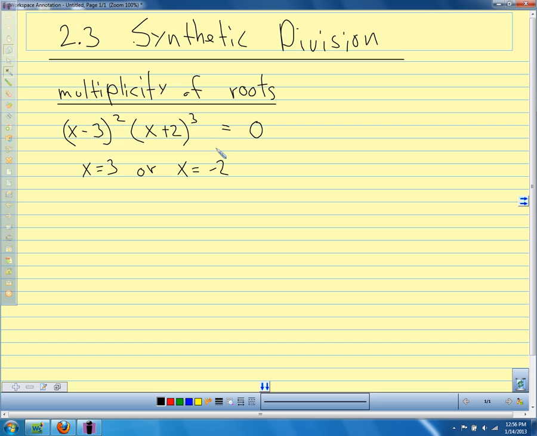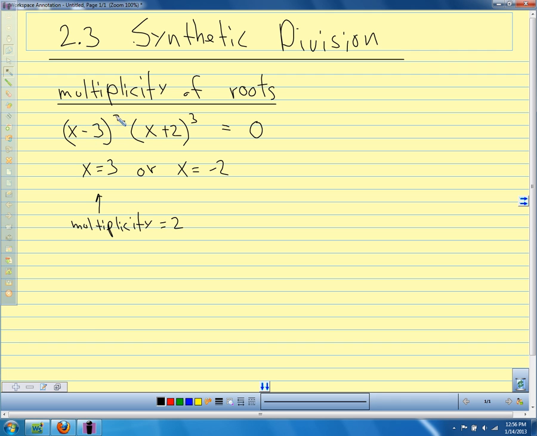Those are our solutions: x equals 3 or x equals minus 2. We say that the root x equals 3 has multiplicity 2 because we have a second power on this parentheses.